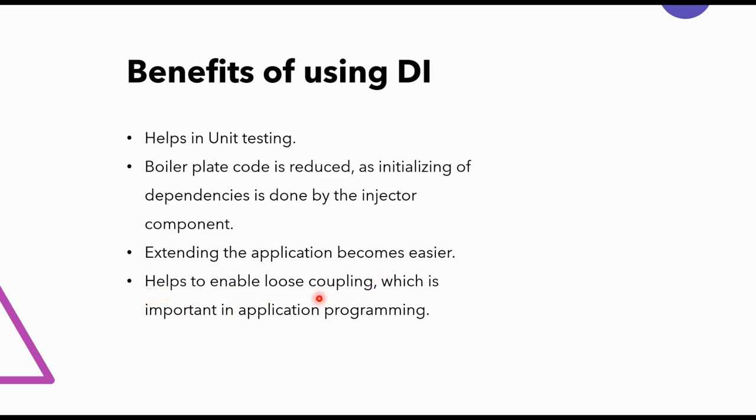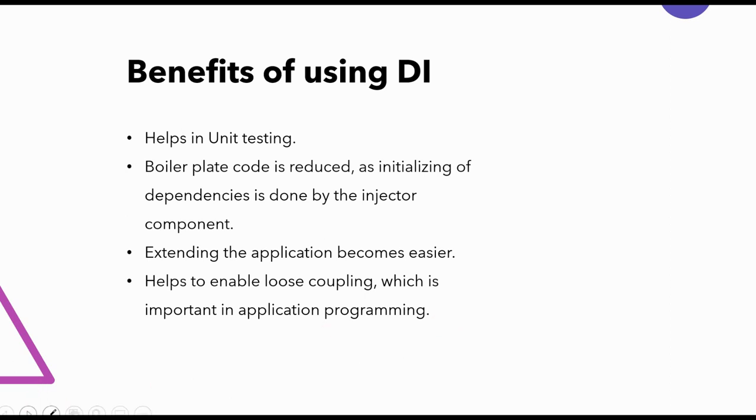It also helps enable loose coupling, which is important in application programming. The important thing is that objects are not created directly in the classes, so the classes are not tightly coupled, and that's why we can test easily, there is less code, and we can update easily. So those are the advantages.